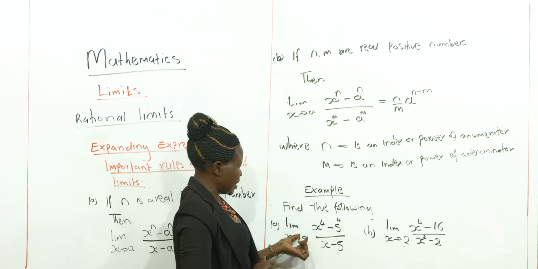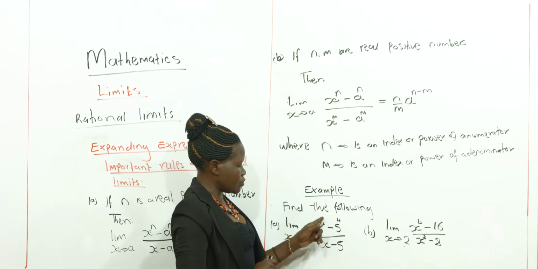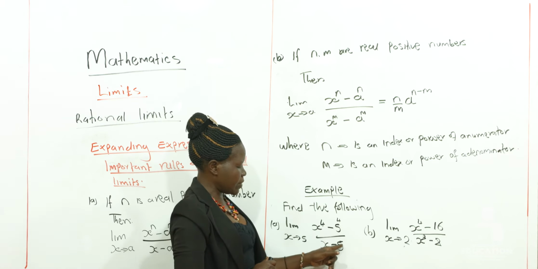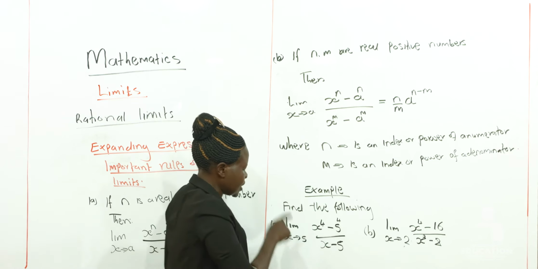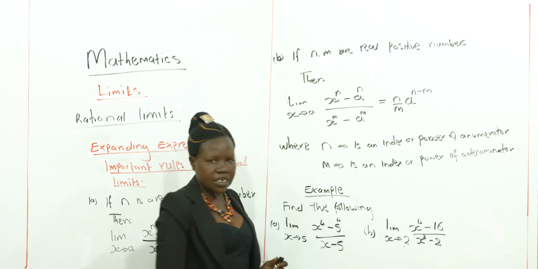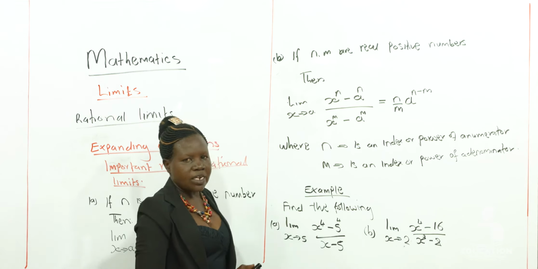For example, part A, they say x raised to 4 minus 5 raised to 4 over x minus 5. Meaning that in this case, the numerator is powered and the denominator contains a power of 1. What are you going to do?